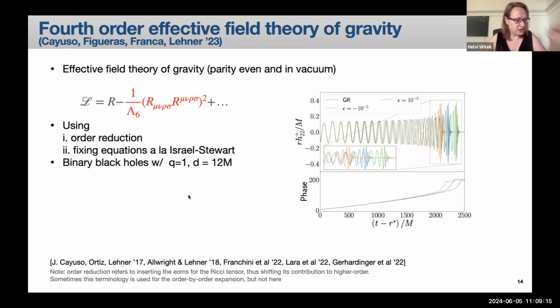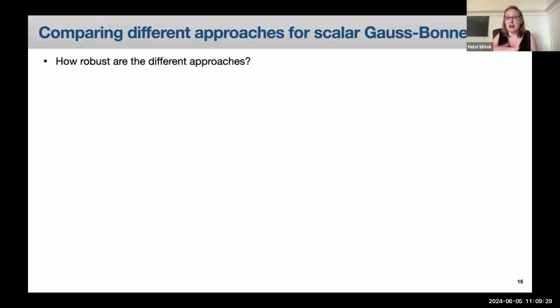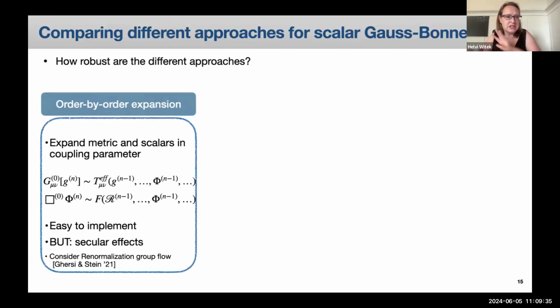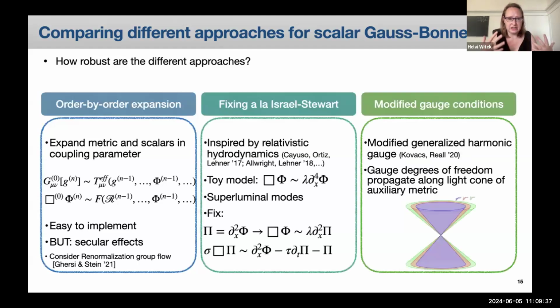Okay, so one of the questions that you might ask now is, well, if we have all of these different approaches, and I already hinted at, some of these approaches may depend more on parameters than others, how robust are these different approaches? And let me just flash the slide that I had earlier. I'm not going to go through it again, but just to remind everyone of what I was saying before.